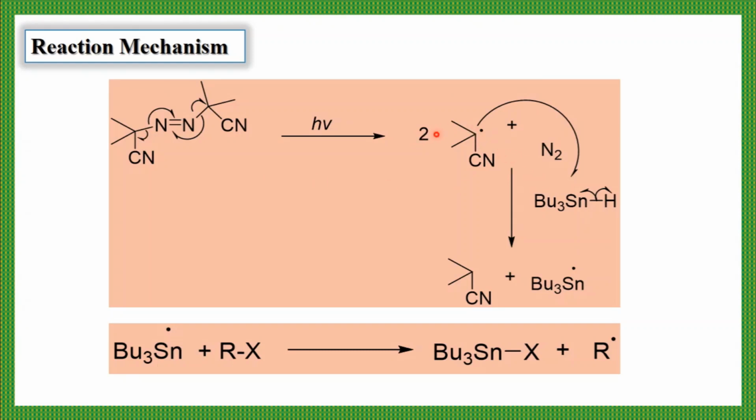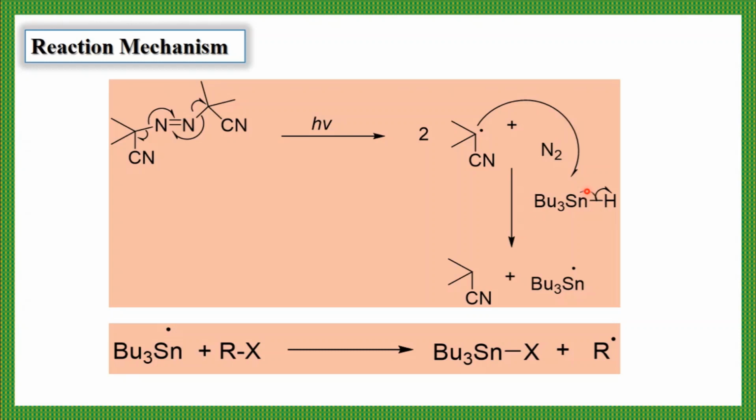So you now have two carbon radicals, and you generate the carbon radical and an N2 molecule. Now in the next step, this carbon radical reacts with tributyltin hydride. Bu means butyl, so this is Bu3SnH, tributyltin hydride.